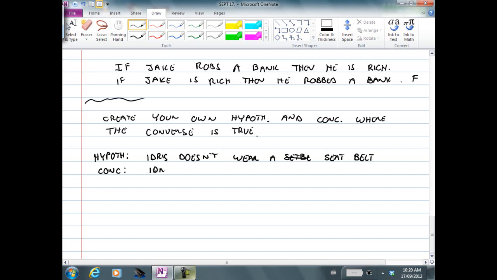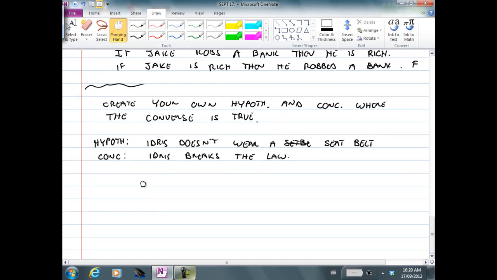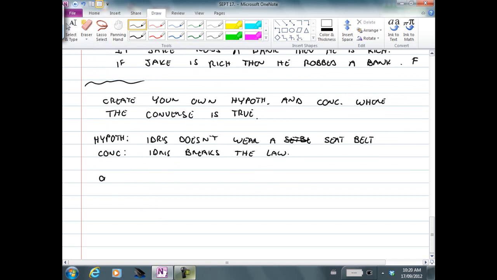Idris breaks the law. Okay. We're going to use this, and we're going to write down my first thing. You can write down the if-then statement. Everything is derived from the if-then statement. We're going to write down A. If Idris doesn't wear a seatbelt.